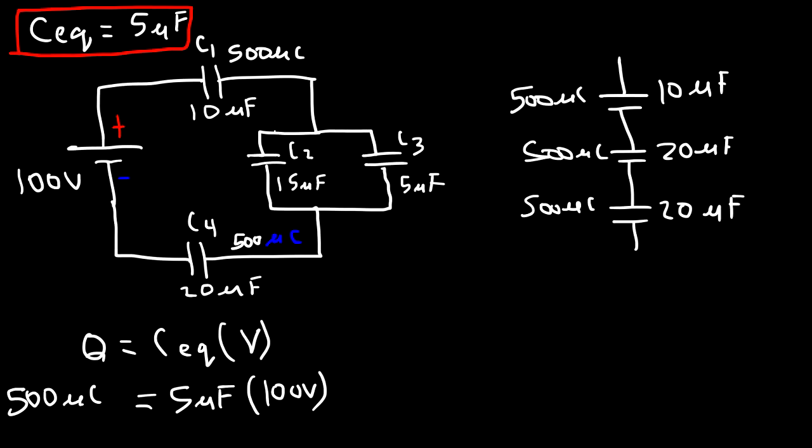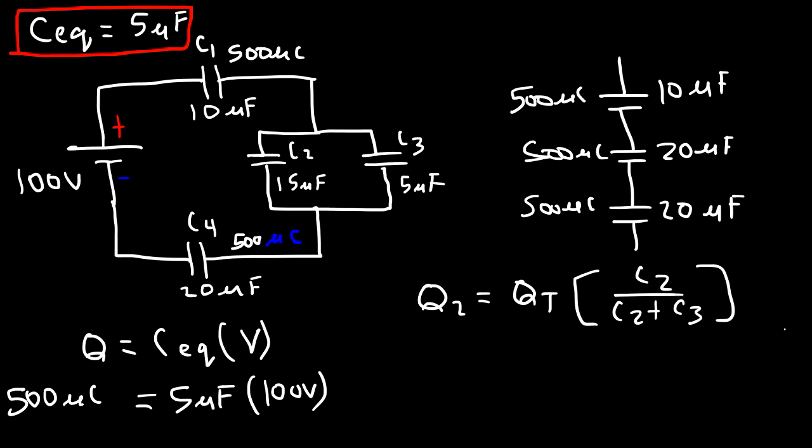Now what about the charge on C2 and C3? Because those are parallel to each other. The total charge of these two is 500 microcoulombs, but how can we calculate the individual charges? So to calculate Q2, it's going to be the total charge of just this network multiplied by C2 divided by the total capacitance of that network, which is C2 plus C3.